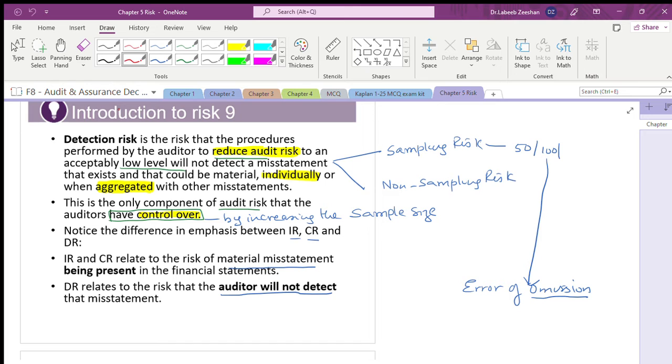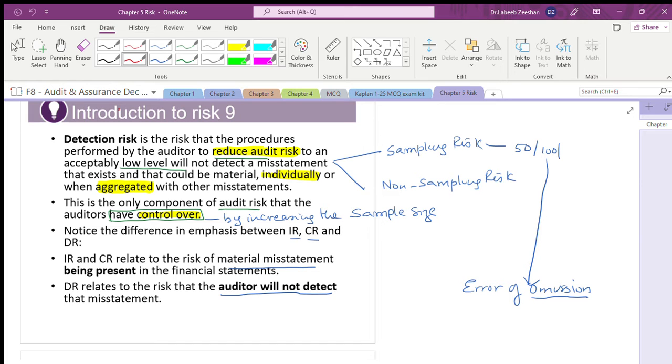Detection risk is because of sampling as well as non-sampling. That is the only thing the auditor will have in their hands. It is at the judgment of the auditor how many samples to take. Nobody will stop the auditor.